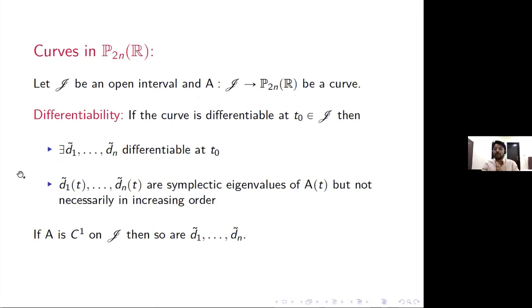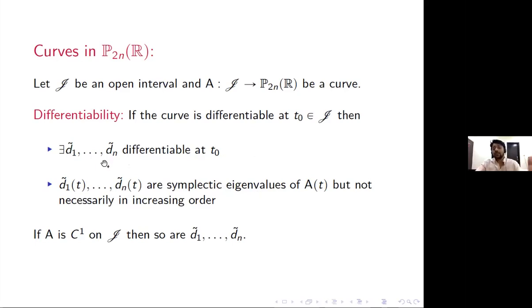Suppose A is a curve in the space of 2n cross 2n positive definite matrices defined on an open interval J. We showed that if the curve is differentiable at a point, then we can choose the symplectic eigenvalue maps to be differentiable. More precisely, if the curve is differentiable at t0, then there exist n real valued maps given by d1 tilde up to dn tilde, which are differentiable at t0.